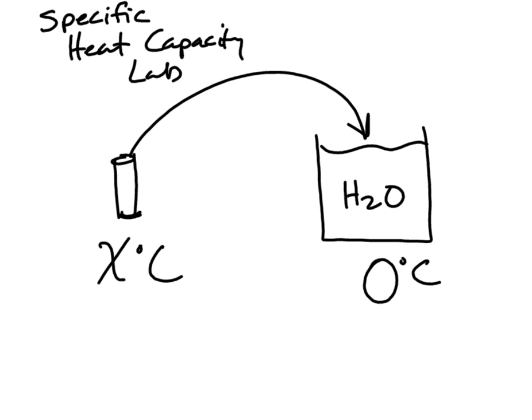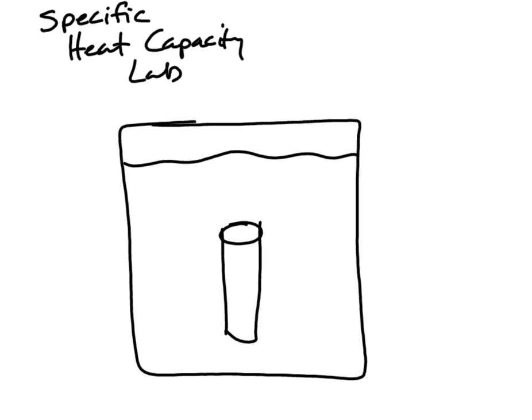So when you put the metal into the water, obviously the water is going to cool down the metal. If I change my drawing here, here's my metal cylinder now inside the water. The water was at 0 degrees Celsius, the metal was much warmer. So the heat should be transferring from the metal out to the water.